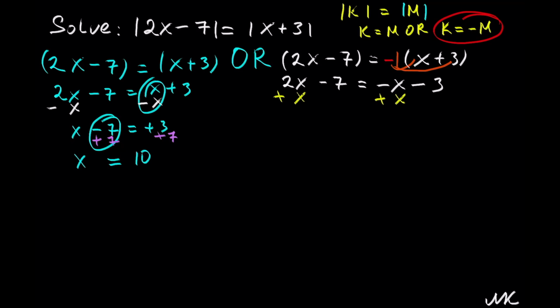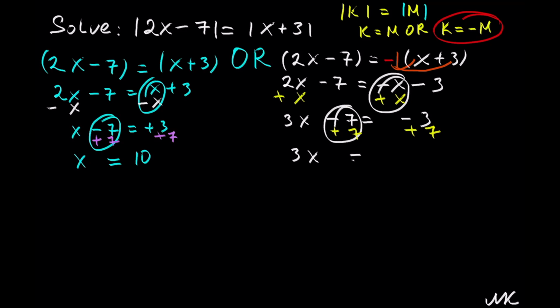And we get 2x plus x, 3x minus 7 equals, this adds up to 0, minus 3. 3x minus 7, to solve for x, let's add 7 to both sides. And we get 3x, this adds up to 0, is equal to negative 3 plus 7.